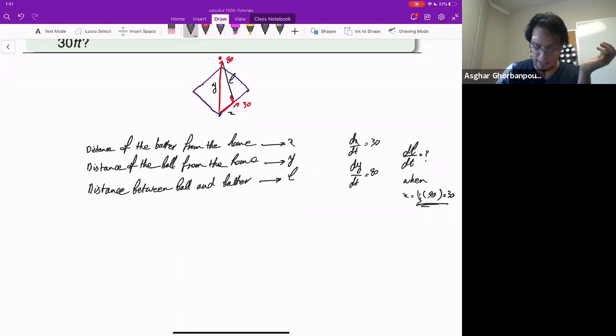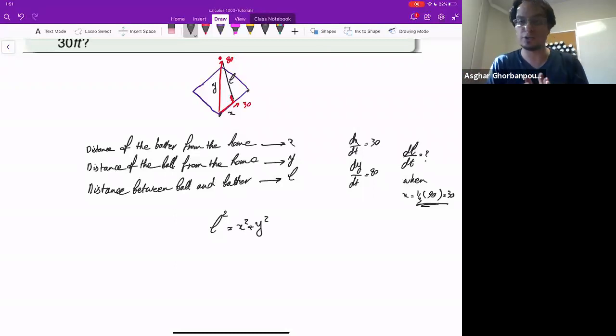In other words, L squared equals x squared plus y squared is not true anymore, because the triangle is not a right triangle.